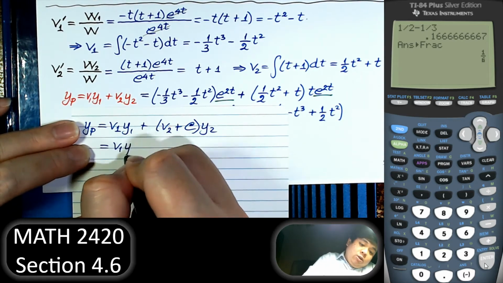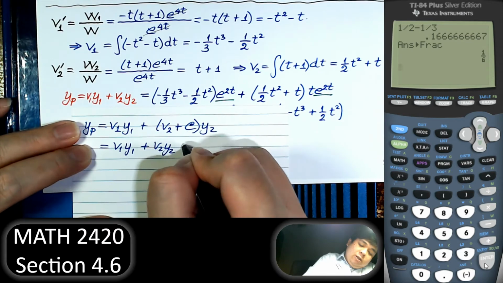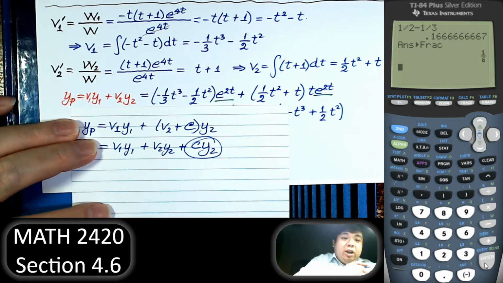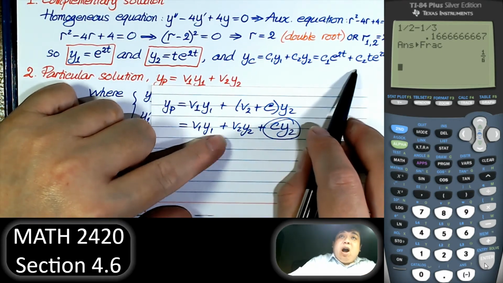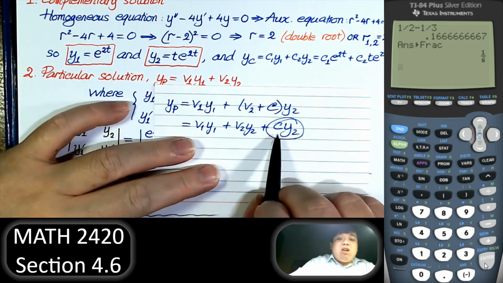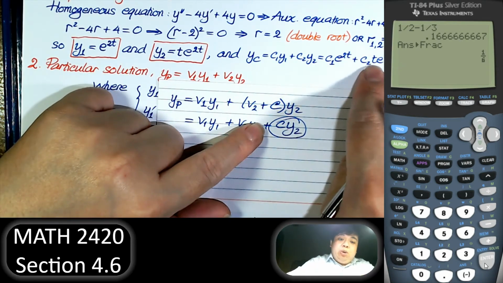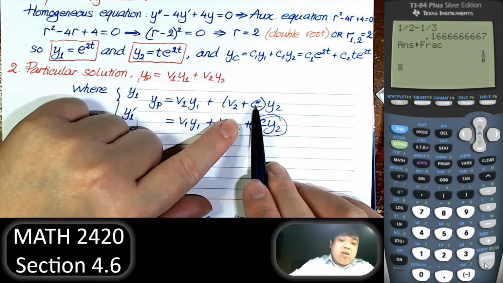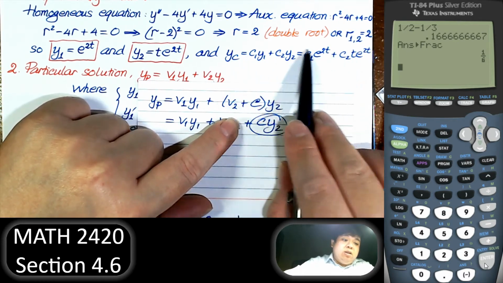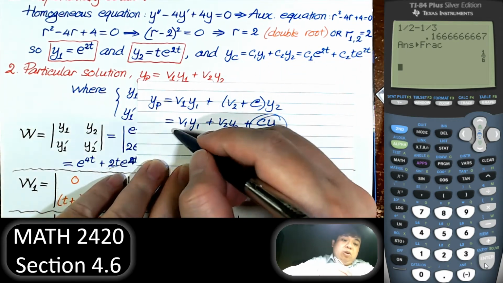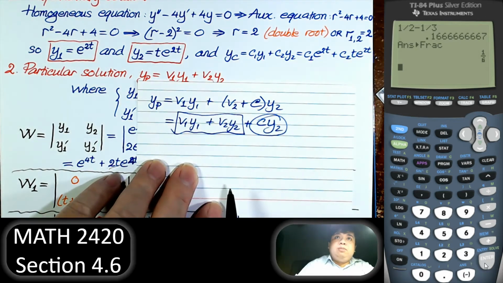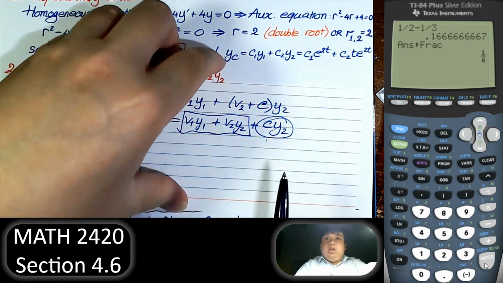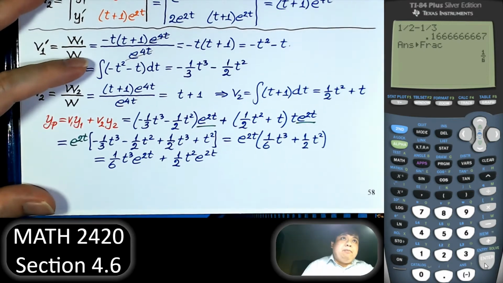Well, when we multiply it out, remember c y2 here actually is part of the complementary solution. So if there's a constant, that part belongs to the complementary solution. So it doesn't matter, we still have this as the particular solution. That's why we don't need to write a constant there.